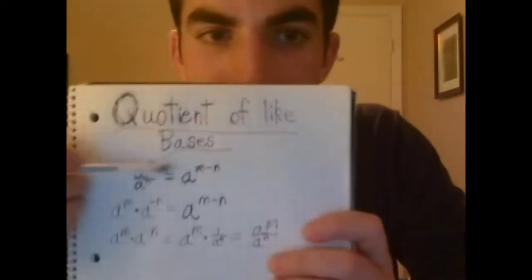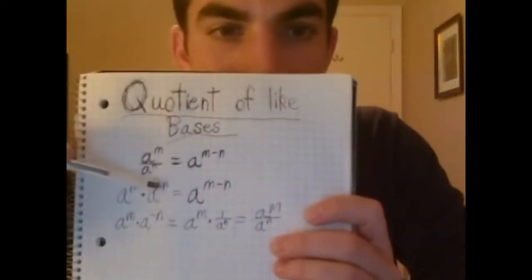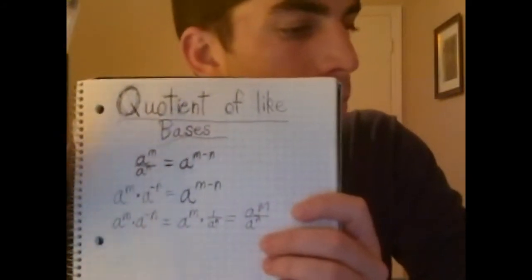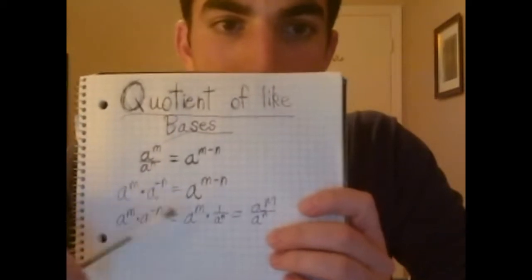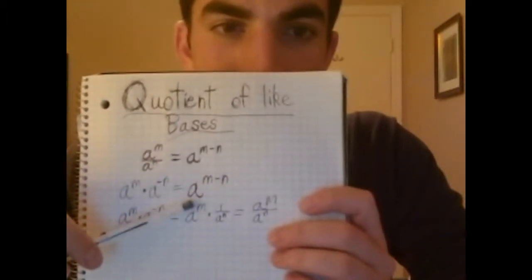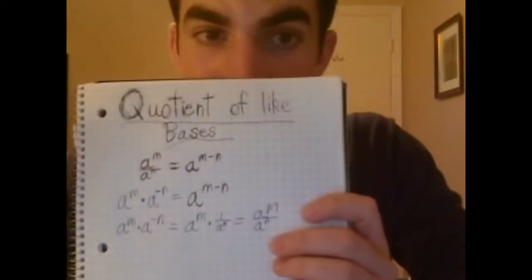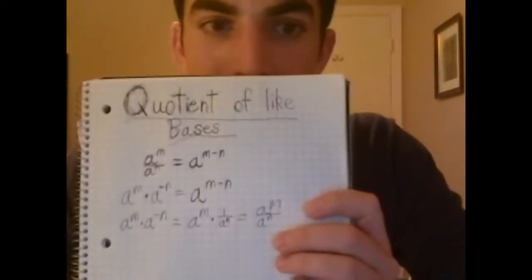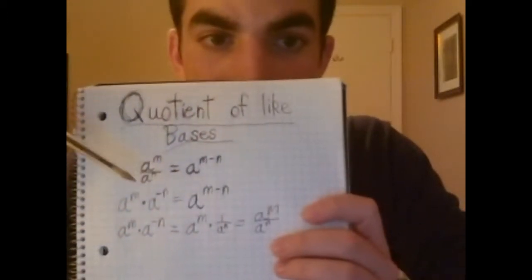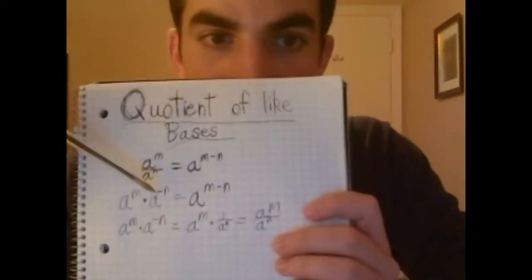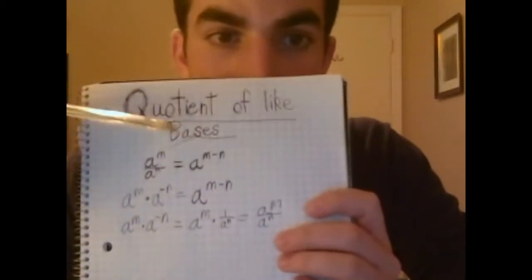So, since this equals a to the m times a to the negative n, and our product of like bases says we can just add our exponents, we get a to the m plus negative n. Adding a negative is the same as subtracting, right? So we end up with a to the m minus n, thus proving our rule.